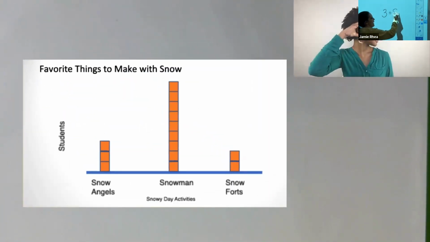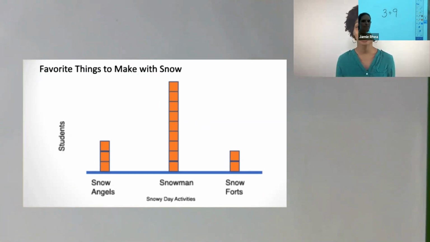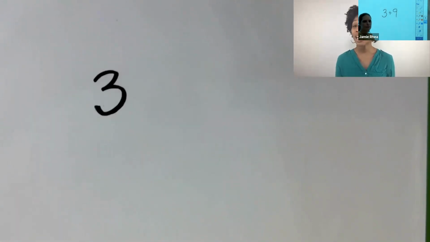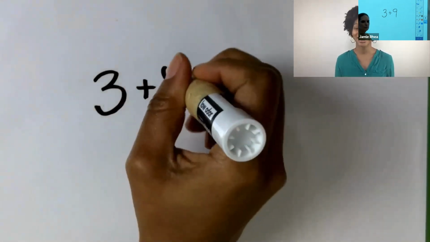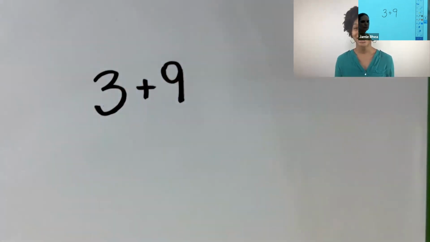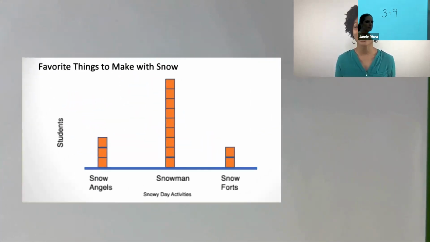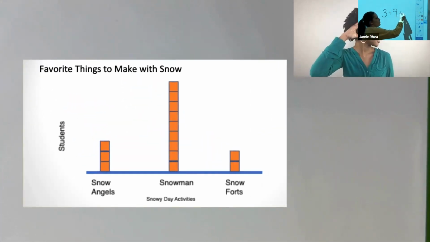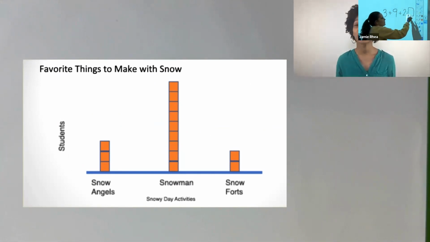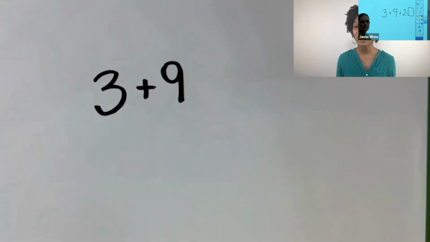We know that 9 children enjoy making a snowman. Yes, 9 children. So I'm gonna write plus 9. Now, how many children like making snow forts? We know that 2 like making a snow fort. That's right, 2 children. Let's write plus 2.